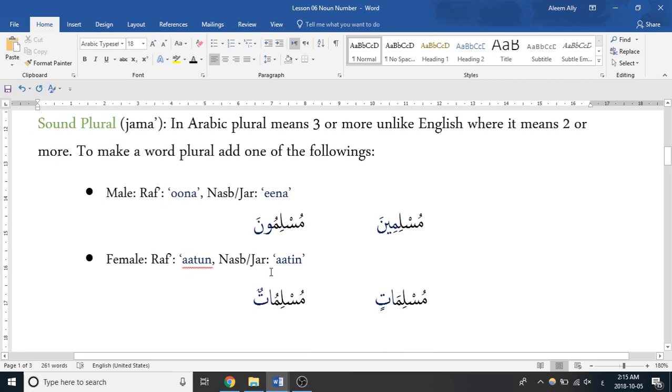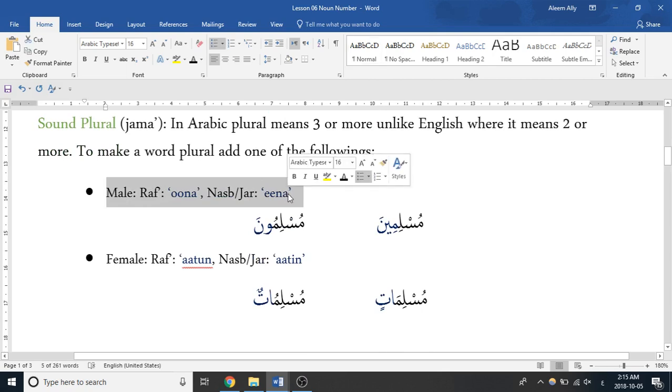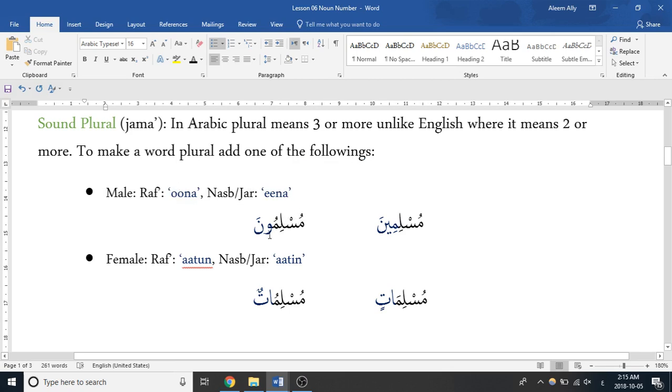When it comes to making a male word plural, meaning that it's now representing 3 or more, for rafa' you add on una, so it becomes muslimuna, and that means 3 or more Muslims, or we would just say Muslims. For nasb and jar, it becomes ina, muslimina.